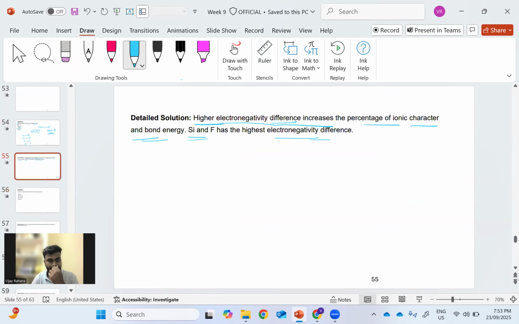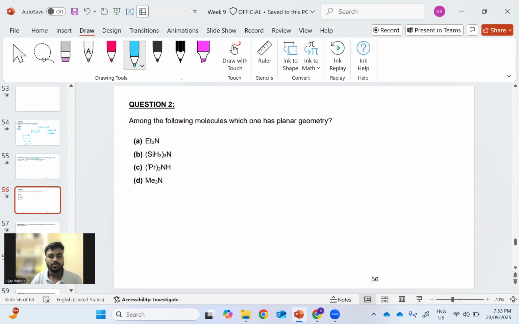The next question is: among the following molecules, which one has the most planar geometry? If you look at all the structures, we need to draw all of them. That's triethylamine. We have a lone pair of electrons on the nitrogen, and this will be CH2, and obviously there is a CH3. So that's triethylamine.